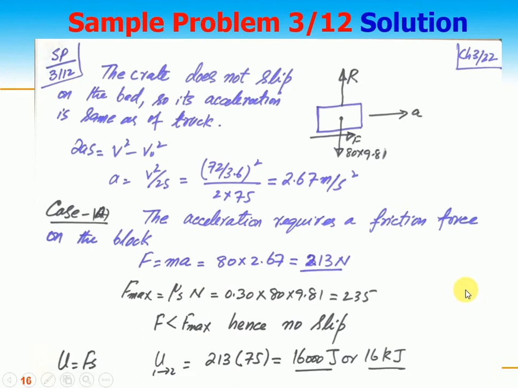Our assumption was right. Now the work done is equal to F into S, so 213 times 75 gives about 16,000 joule or 16 kilojoule. This is the first case in which there was no slip.